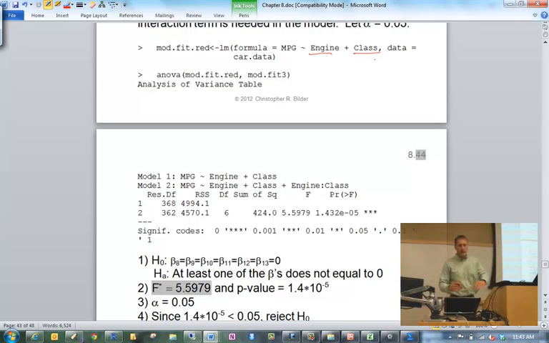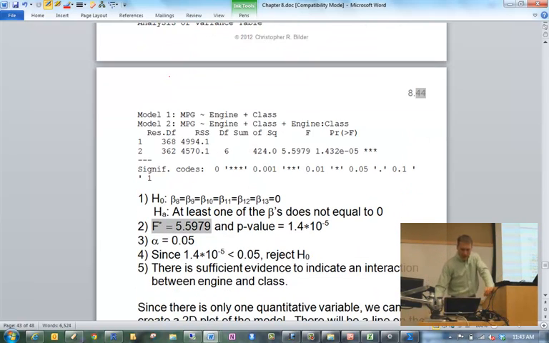Then, using what we've learned previously, I can use the ANOVA function where I put first the reduced model, and then second the complete model. R does all the nice calculations for you. Here's the F star test statistic, and here's my p-value. Notice it's small, indicating, yes, indeed, this interaction is helpful.